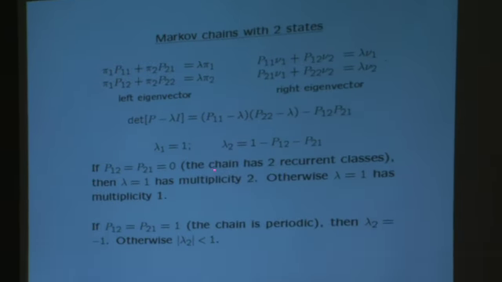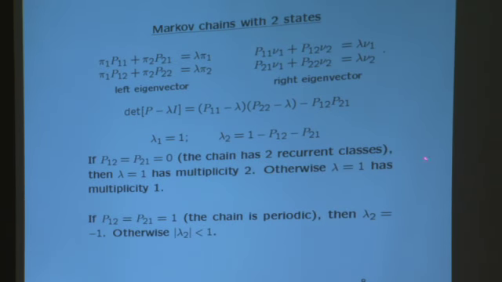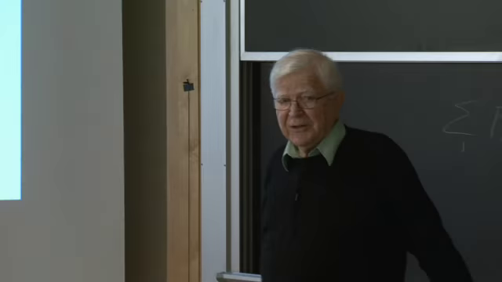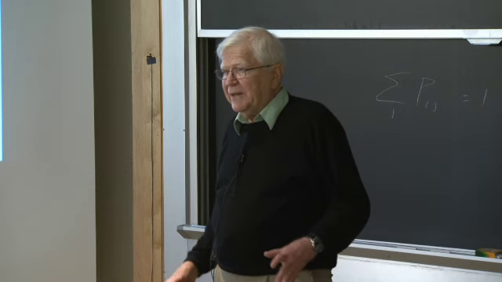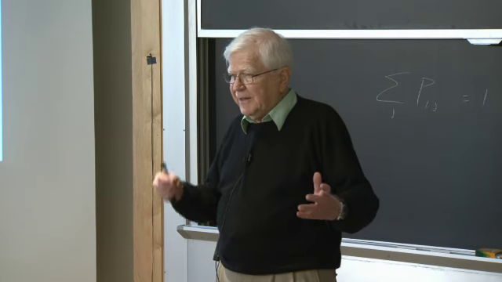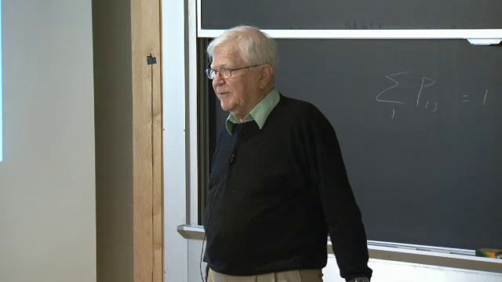But anyway, if you have that case, then the chain has 2 recurrent classes. Lambda equals 1 has algebraic multiplicity 2. I mean, it's just one number, but it appears twice in this determinant equation. And it also appears twice in the sense that you have 2 recurrent classes, and you will find that there are two linearly independent left eigenvectors and 2 linearly independent right eigenvectors.